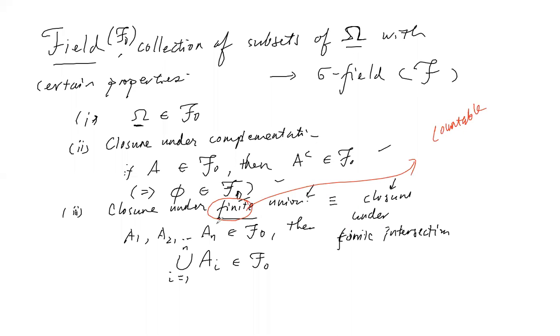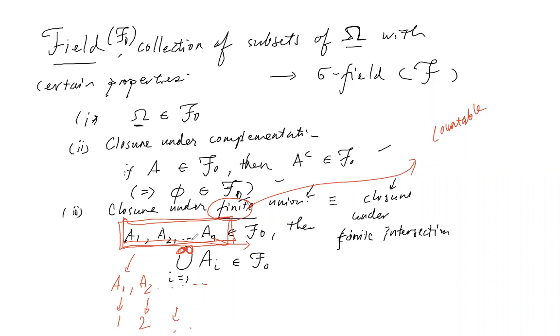That means you can work with an infinite number of sets, as long as they are countable. When they are countable, you just have A1, A2, and so on until infinity, because the index can map to the set of natural numbers. So instead of having n, you just have infinity.